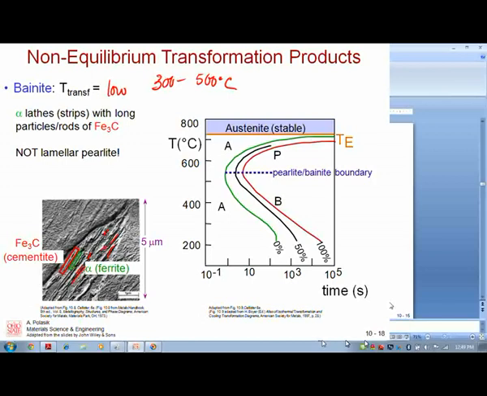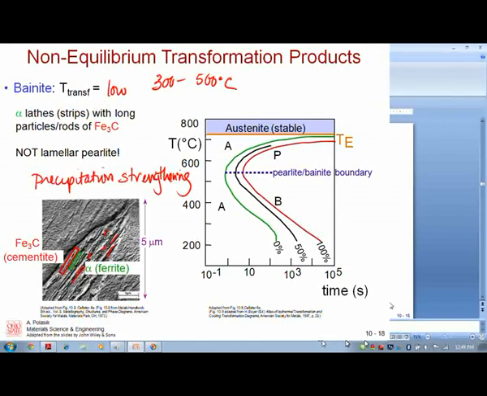Okay. So this is basically just like precipitation strengthening or precipitation hardening. Those little bits of cementite are making it hard for dislocations to move. And we've got very little ones very closely spaced. This is good.